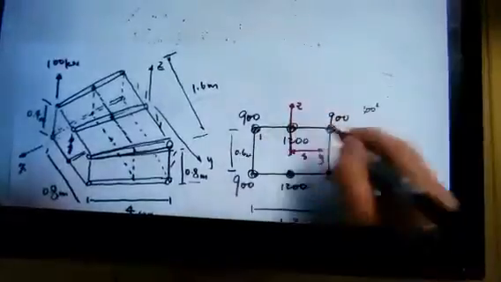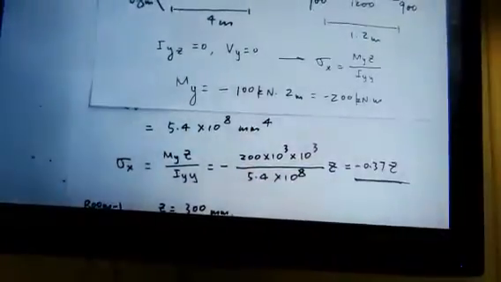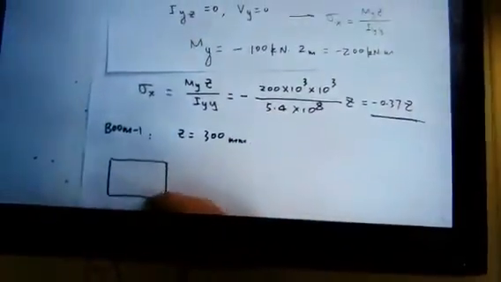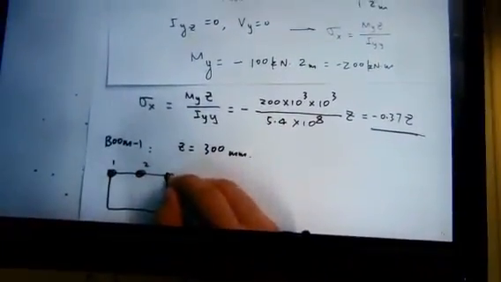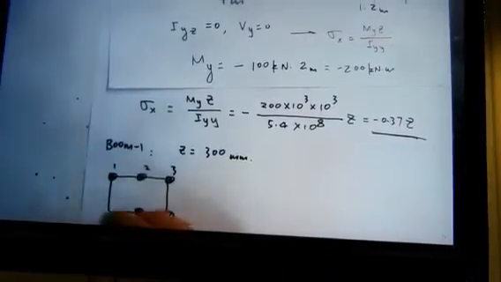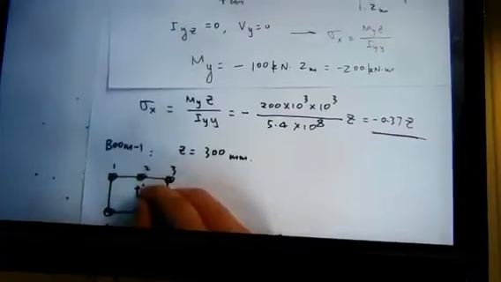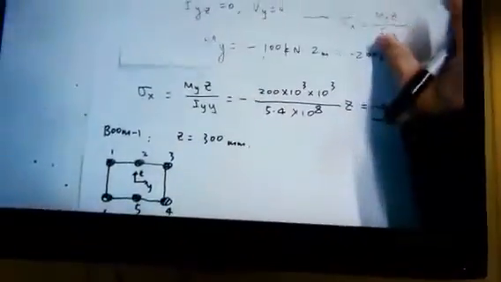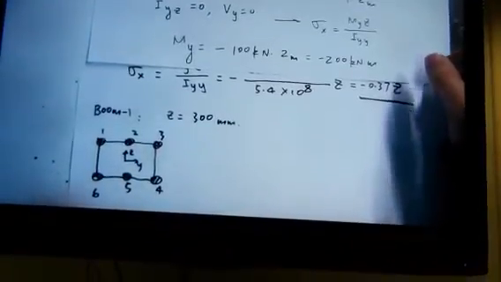This is boom 1, this is boom 2, this is boom 3, 4, 5, 6, Y, Z. Total height is 600, total length is 1200.